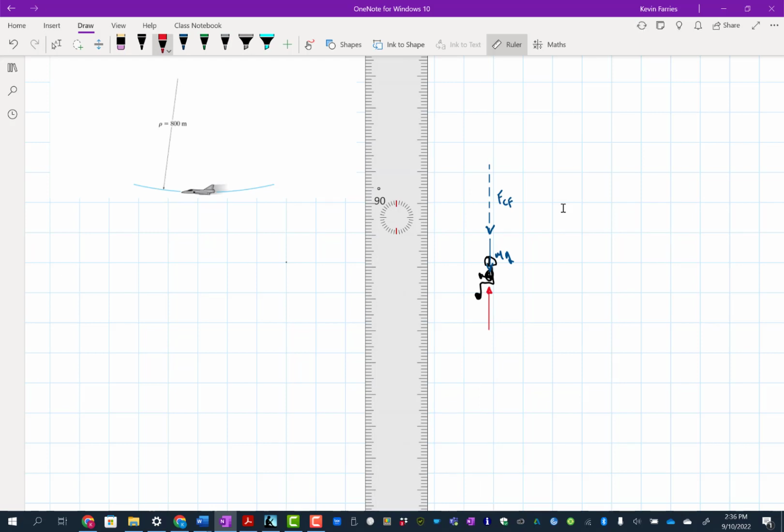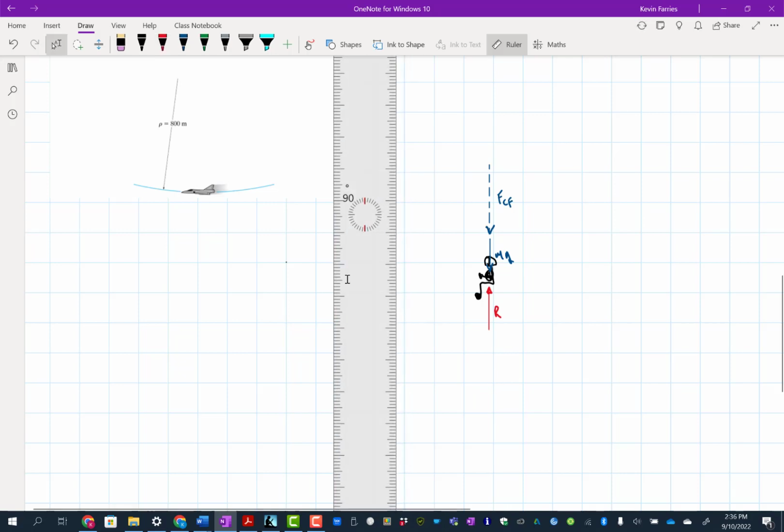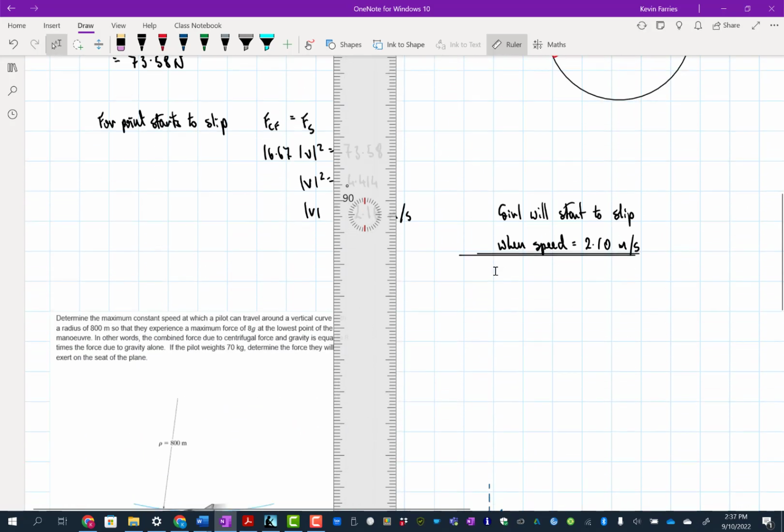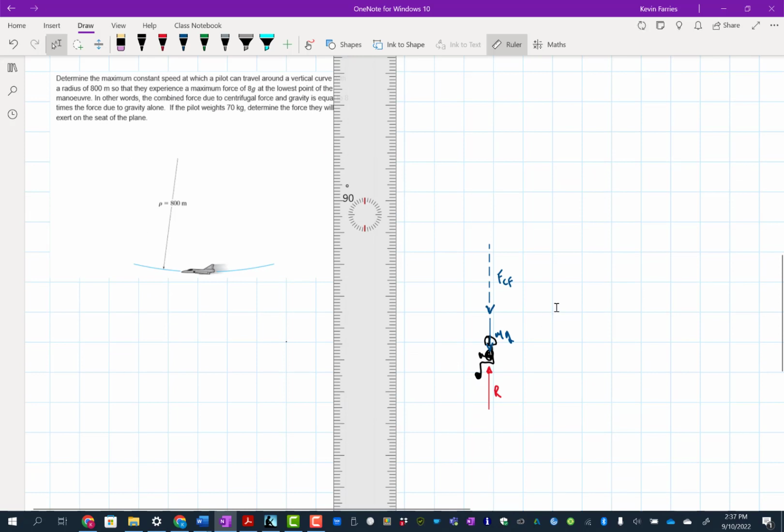It's acting towards the center of the curvature, if you know what I mean. So 800 meters away, and we'll just call this R. We don't have to worry about friction this time because there is no force acting horizontally, whereas last time the centrifugal force was horizontal. This time the centrifugal force is vertical.